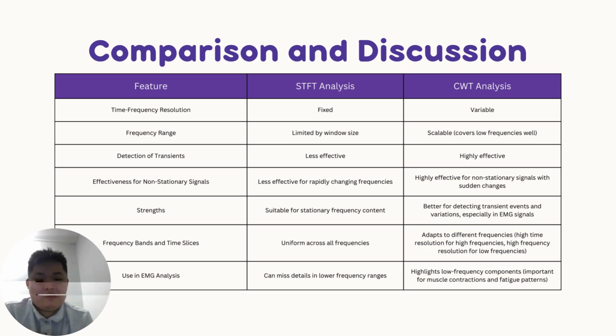So for the application in EMG analysis, STFT may be less detailed in the lower frequency range, but CWT will highlight low frequency components, which is a bit different from STFT analysis.